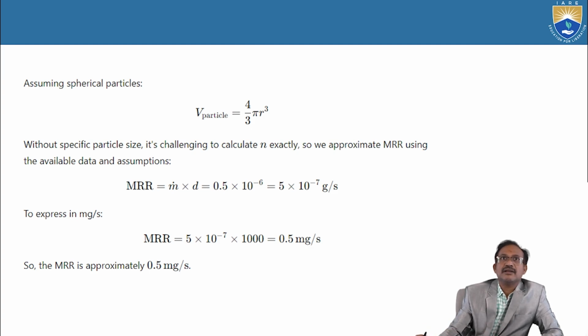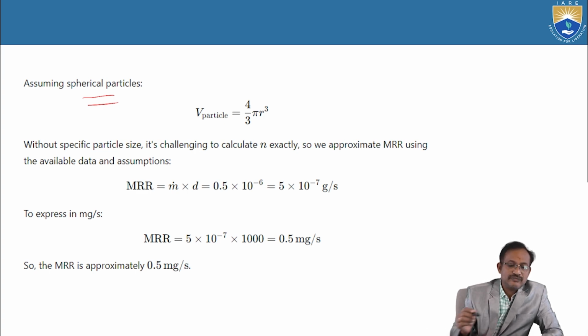Assuming spherical particles, the volume of the particle is 4 by 3 pi r cubed. Without a specific particle size, it's challenging to calculate N exactly.